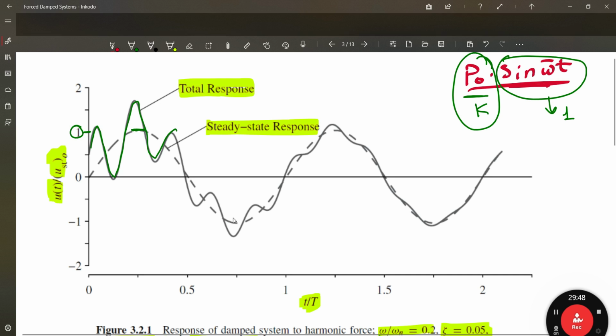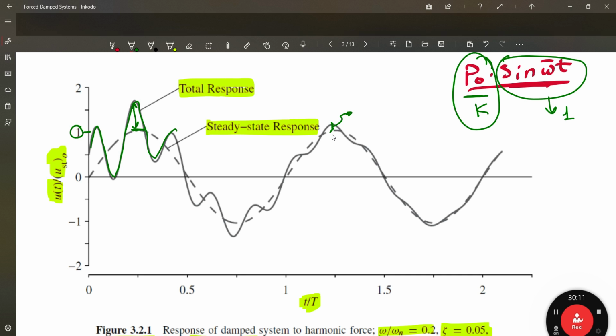The difference between the dashed line and the solid line is high in the beginning, but as time advances, the difference becomes small. As you can see here, for example, the difference is very small. However, here the difference was something huge.